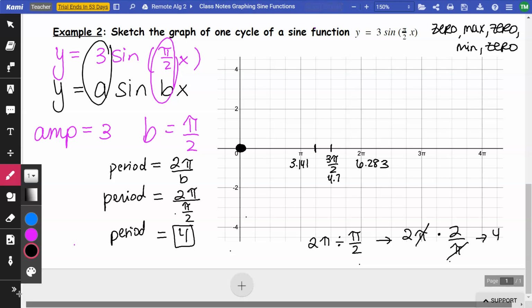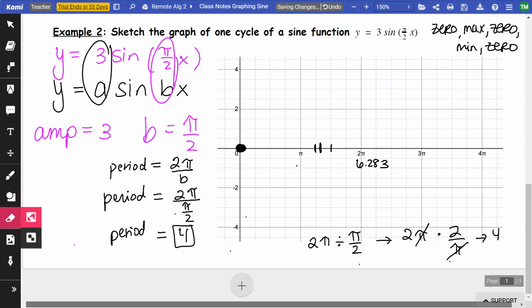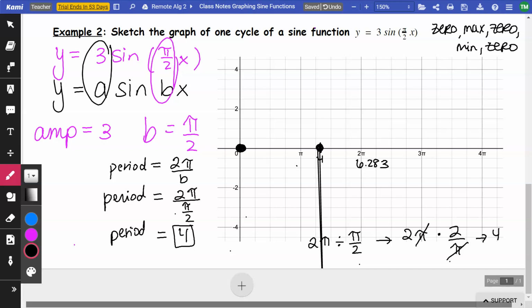So this would be 3.9. So then 4 is probably about here. I'm just going to erase this work just to clean it up a bit. So 4 is around here somewhere. And that's where our last 0 is going to go.